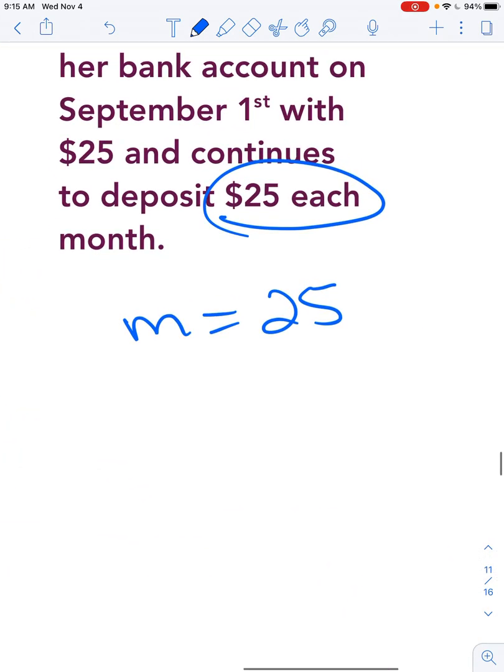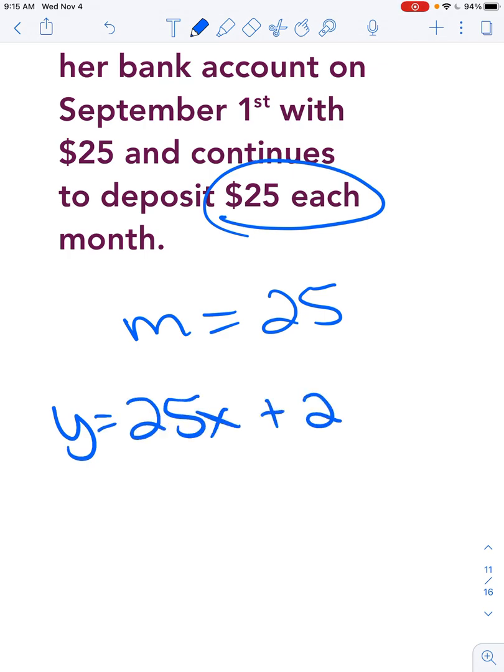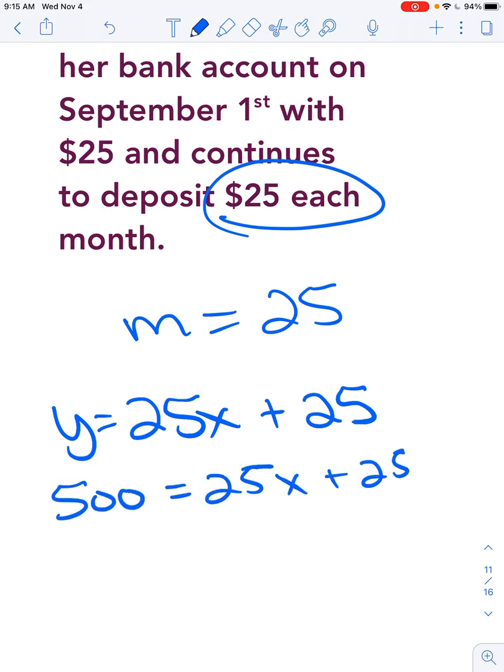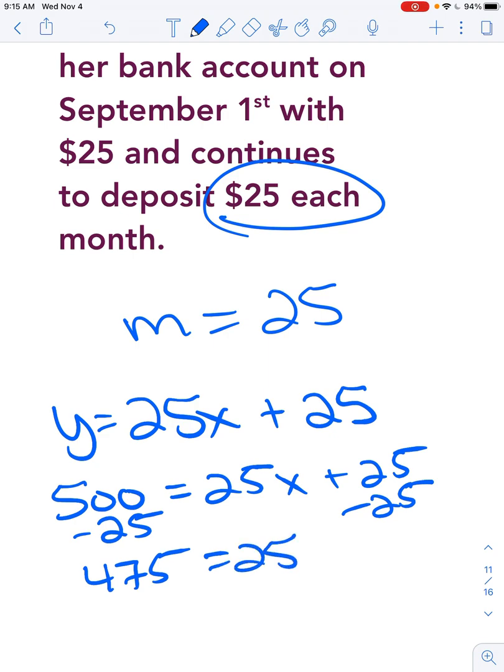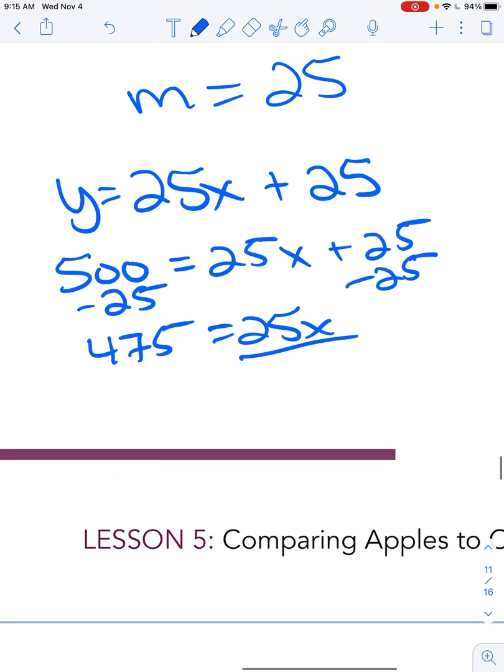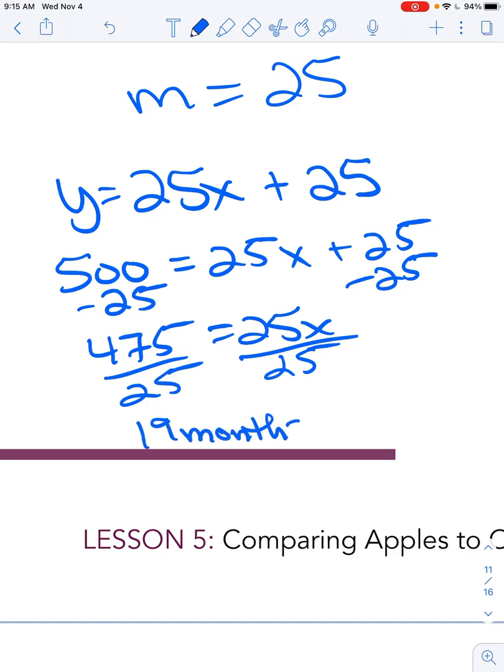And last but certainly not least, there's a rate of $25 plus an initial $25. So I need to plug in 500. Subtract 25 from both sides. I get 475 is equal to 25x. I divide by 25. 475, I know I should know this off the top of my head, but I don't. This would be 19 months.